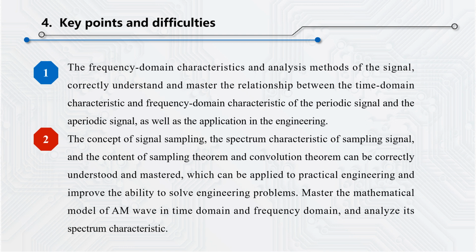Second, the concept of signal sampling, the spectrum characteristic of sample signal, how to correctly master the content of convolution theorem and sampling theorem and apply them in engineering, and improve the ability to solve engineering problems, master the mathematical model of time domain and frequency domain of AM wave, and analyze its spectrum characteristics.